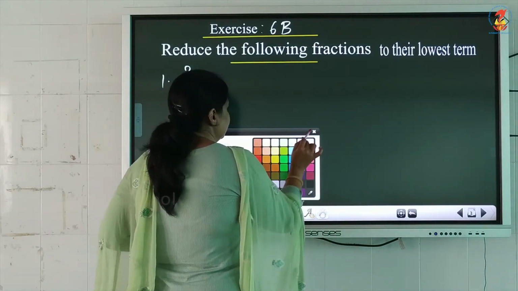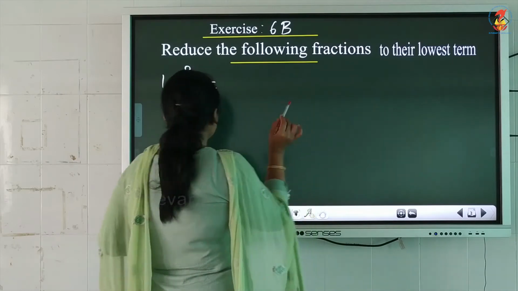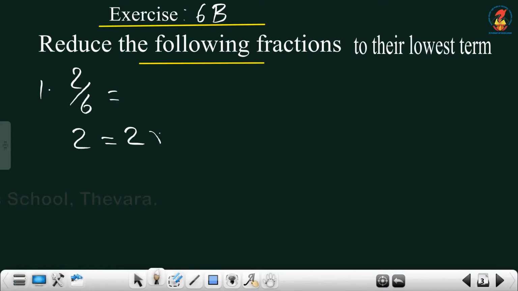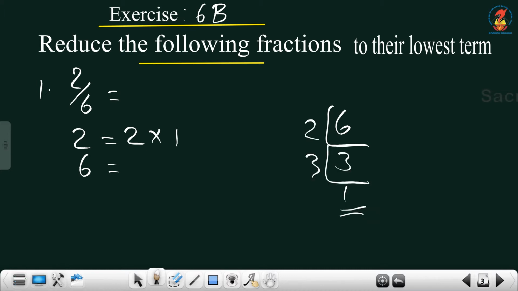I will write. What are the factors of 2? 2 into 1. And 6, what are the factors of 6? By the division method you can do it. 2, 3 and 3, 1. The factors are 2 into 3, and into 1 also, right?